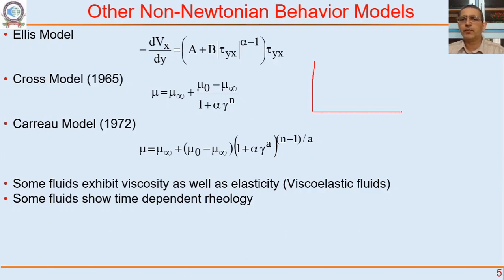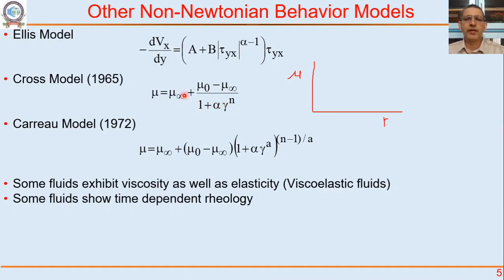If you plot mu versus gamma, at very low values of gamma, gamma raised to n, so 0 raised to n, 0 raised to any number is 0, so this term is 1.